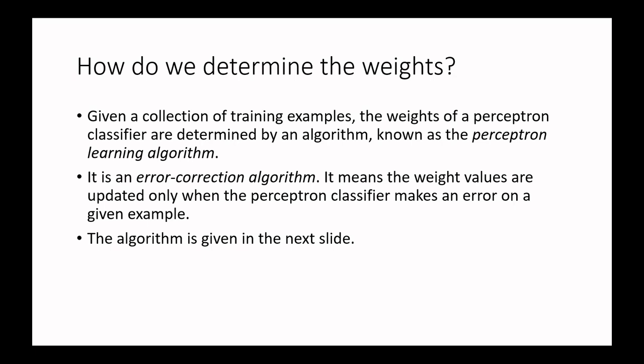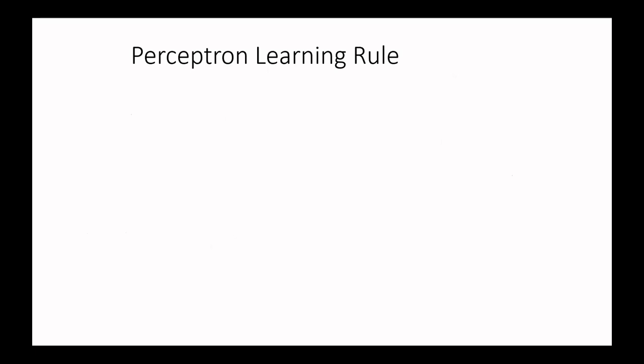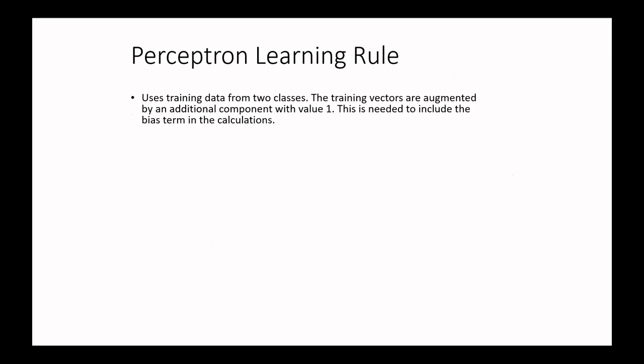Let's look at this algorithm first through an example, and then I'll give you the actual algorithm. The perceptron learning rule, or perceptron learning algorithm, whatever you want to call it, uses training data from two classes. One thing you do is augment the training vectors by adding an extra 1 to every training vector. You can add that extra 1 either at the head or at the tail of the vector, but you have to be consistent.